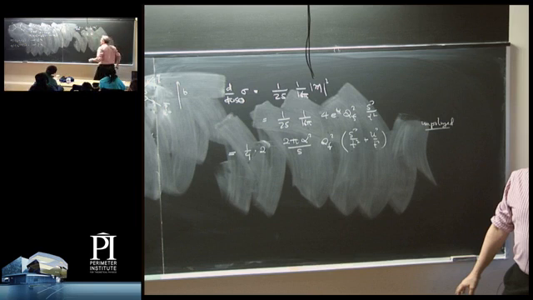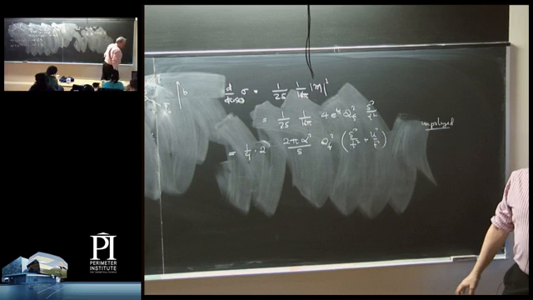Okay. Let's square this. So it's 4e squared Qf squared s squared over t squared. And very conveniently, sorry, e to the fourth over 16 pi squared is alpha squared over pi.